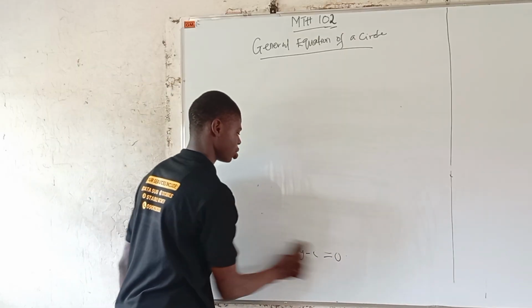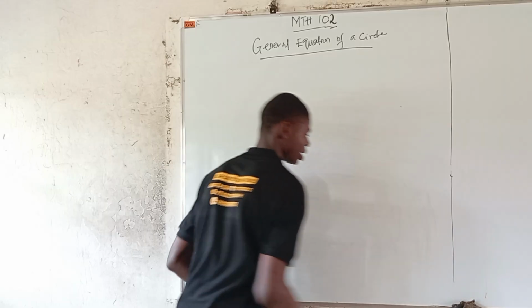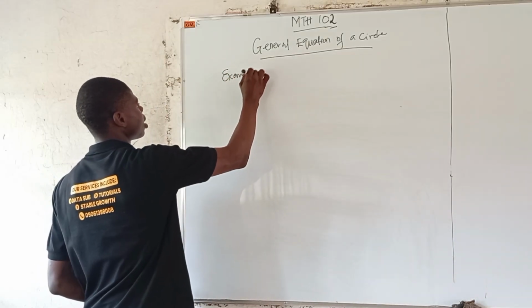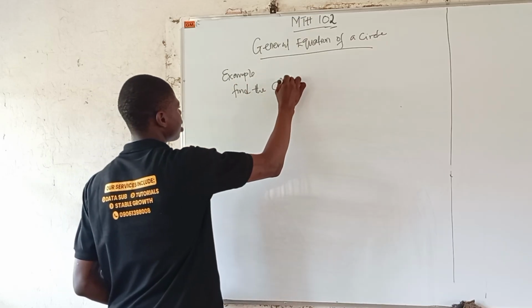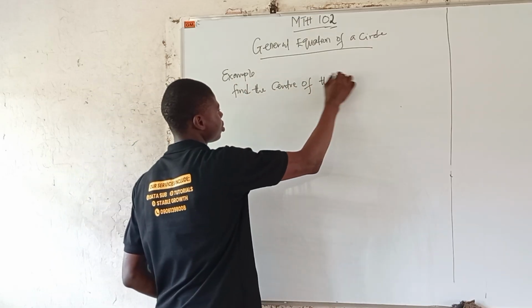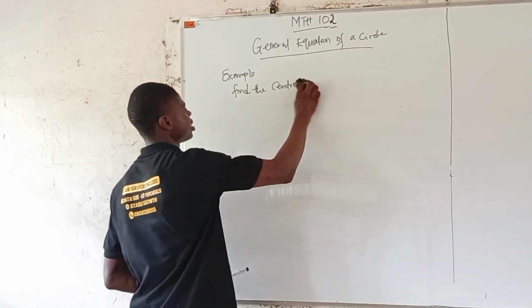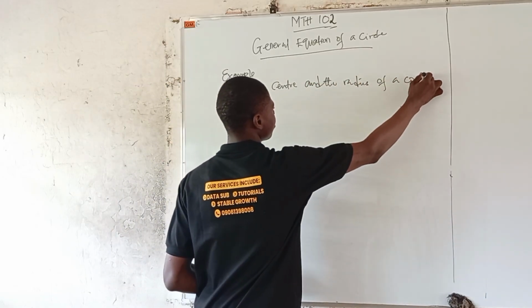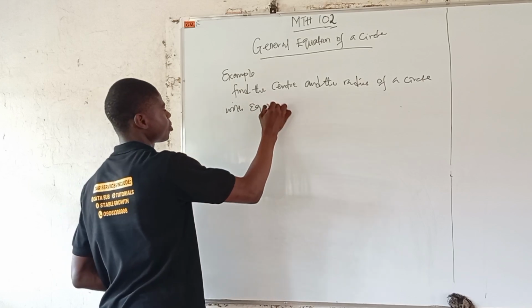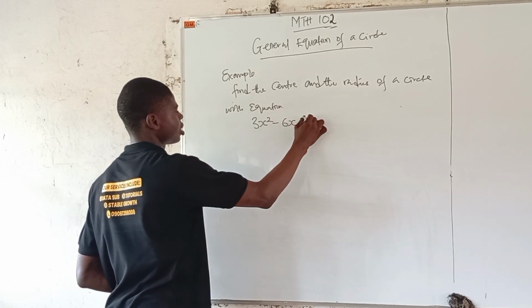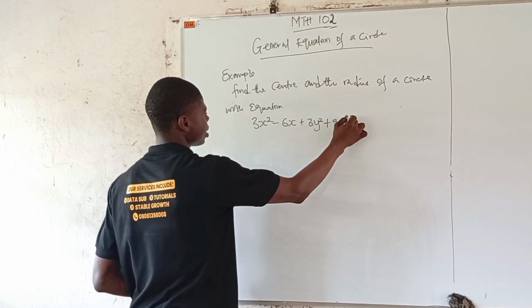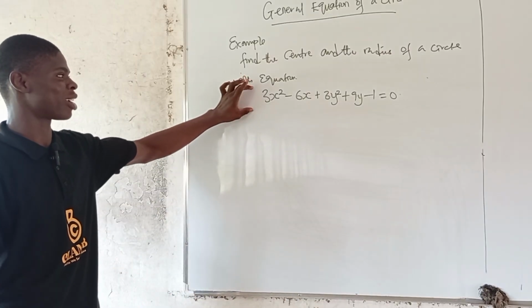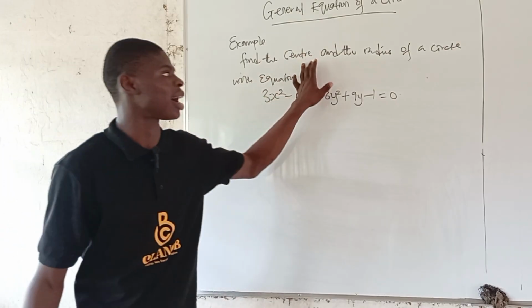Example: find the center and the radius of a circle with equation given to be 3x squared minus 6x plus 3y squared plus 9y minus 1 equals 0. Having this equation of a circle, you want to find the center and the radius.